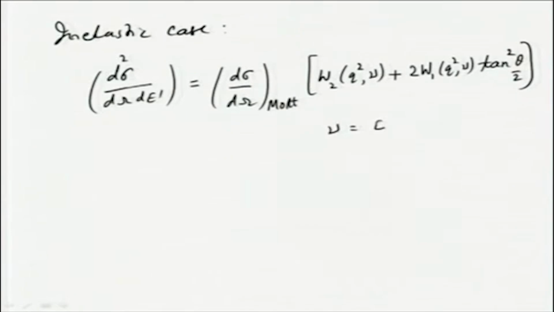It is an inelastic scattering that we are considering, and ν itself is basically E minus E prime, and q² of course is similar to the earlier case, (p minus p prime)². So, in addition to q², E minus E prime is another variable which can independently vary compared to q².